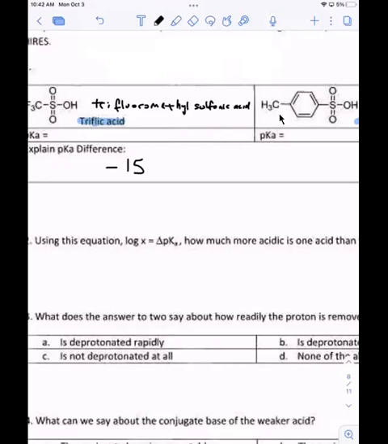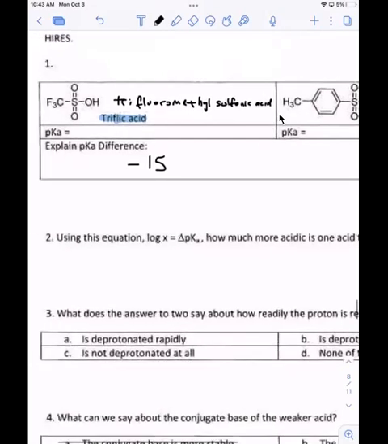What can you say about it right away? It's strong. Very strong. Compared to anything on the chart, that's going to be one of your strongest acids. I've worked with triflic acid as a grad student. When you take the cap off the bottle, the vapors react with the water in the air. That's how strong of an acid it is. It's immediate. So yeah, pKa is negative 15.